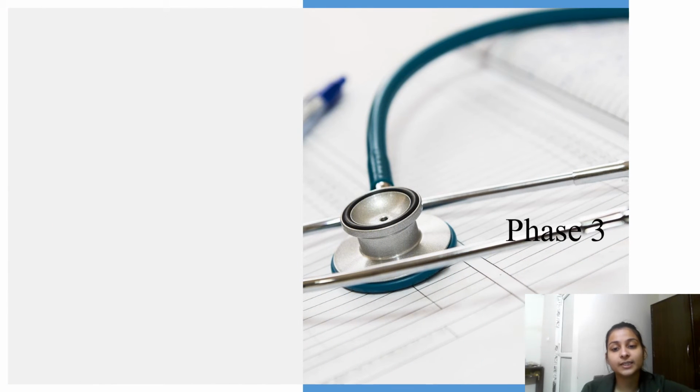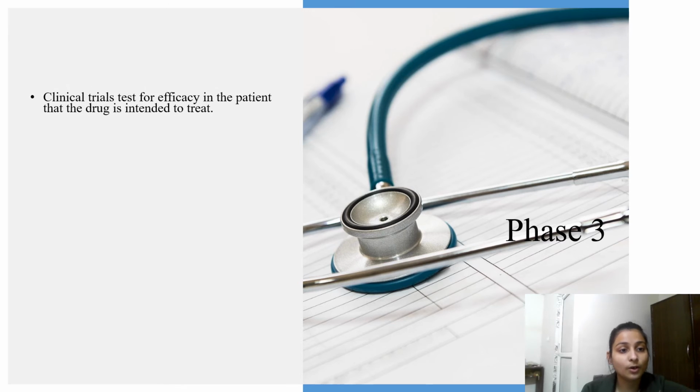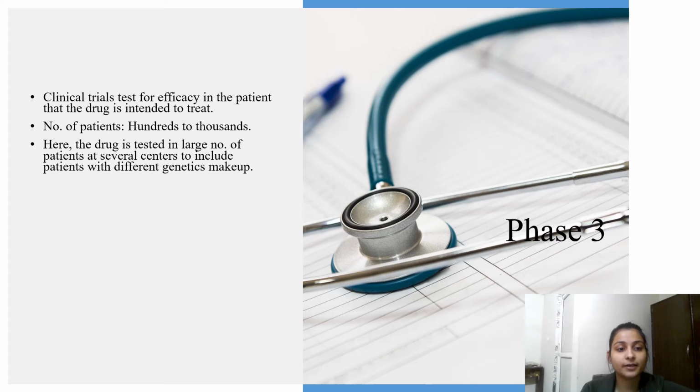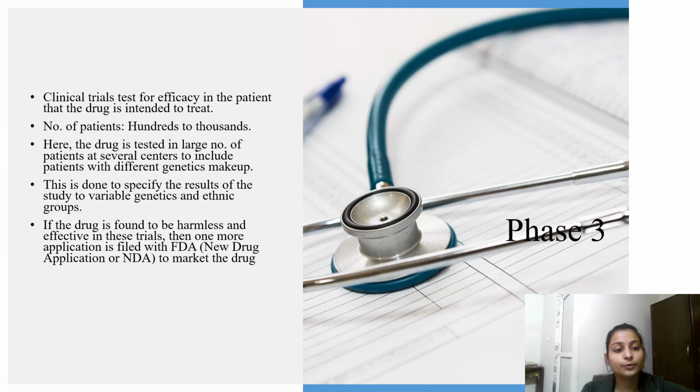In phase 3 clinical trials, we get to know about efficacy in the patients that the drug is intended to treat. The number of patients in phase 3 clinical trials is 100 to thousands. Here the drug is tested in a large number of patients at several centers to include patients from different genetic groups. This is done to generalize the results of the study to variable genetic and ethnic groups.